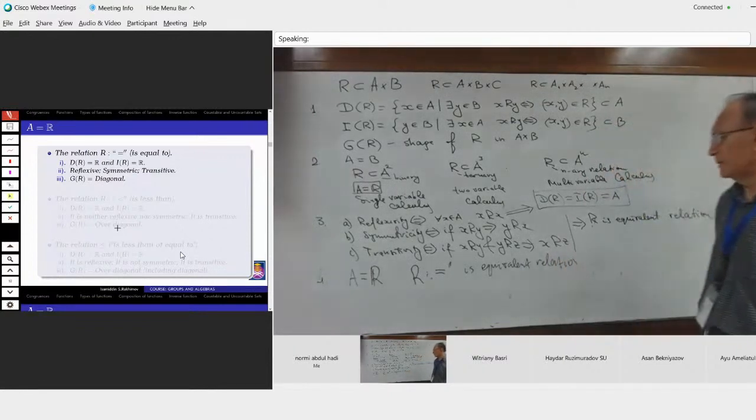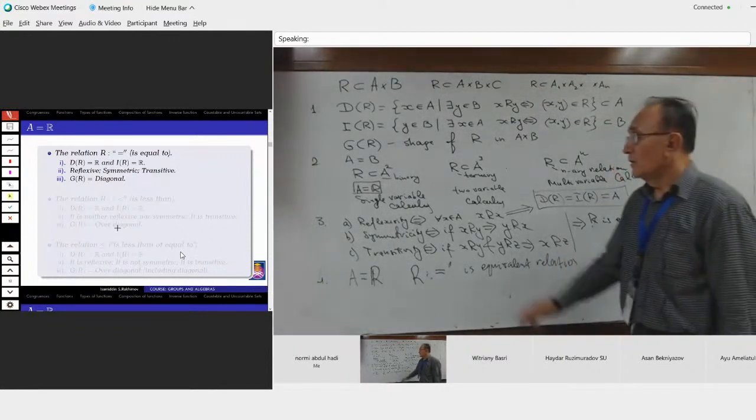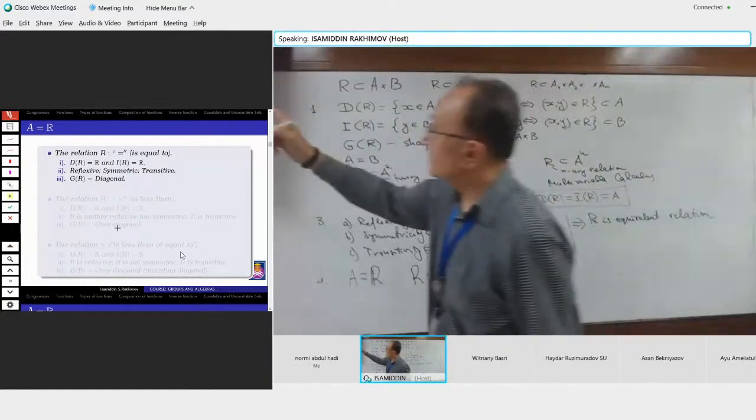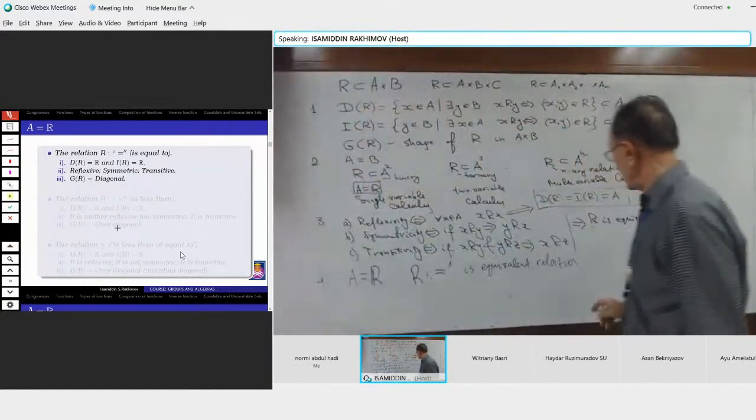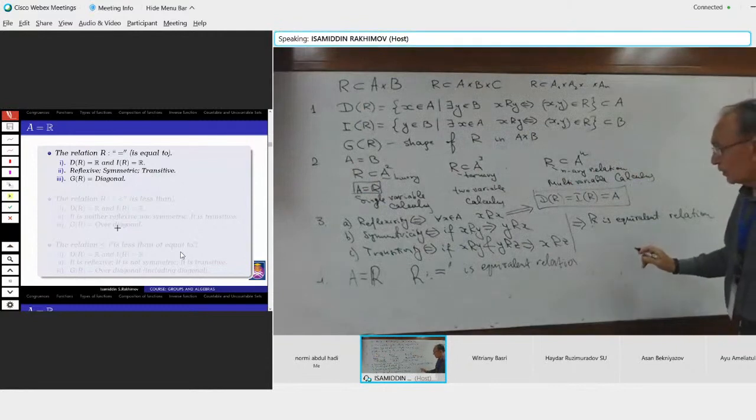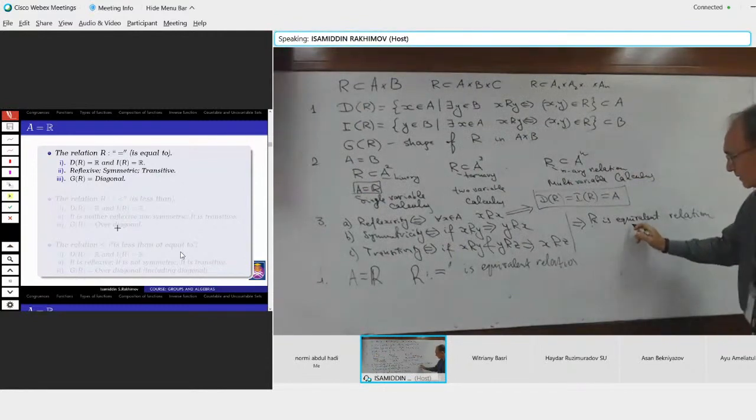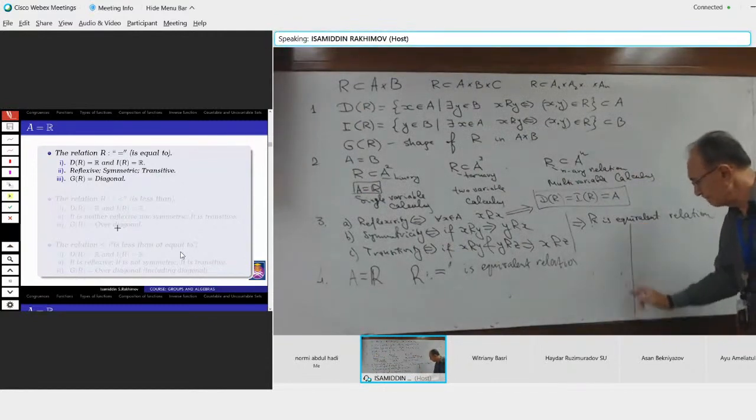This is an equivalent relation. So what remains is to draw the graph of this.